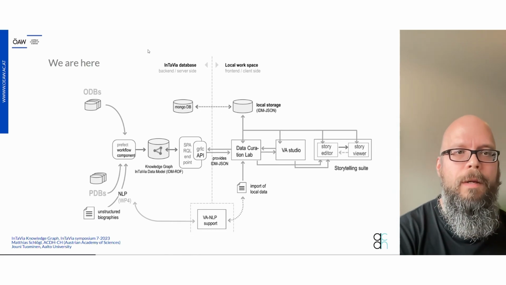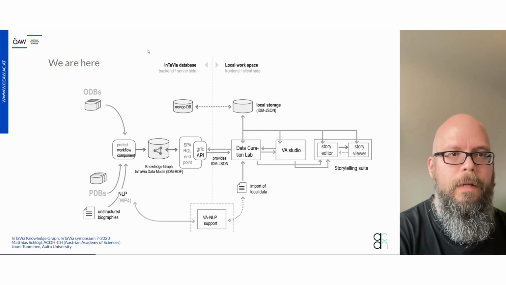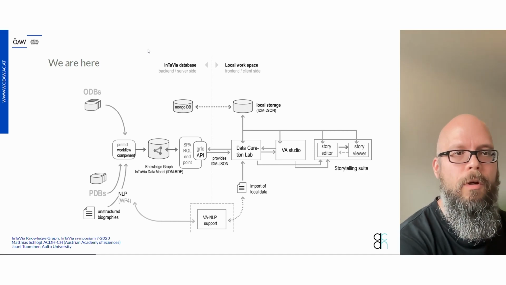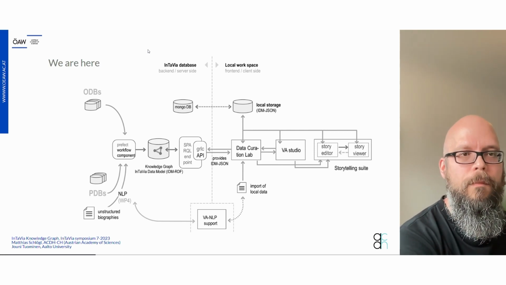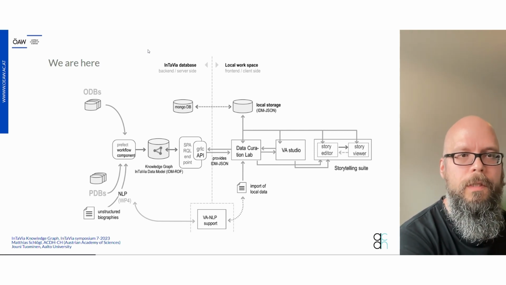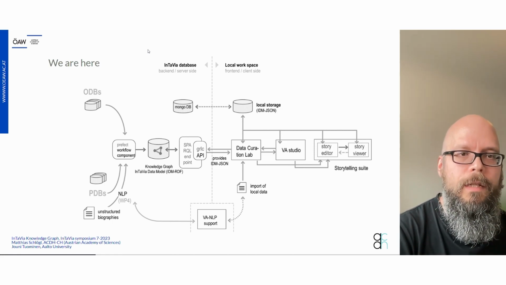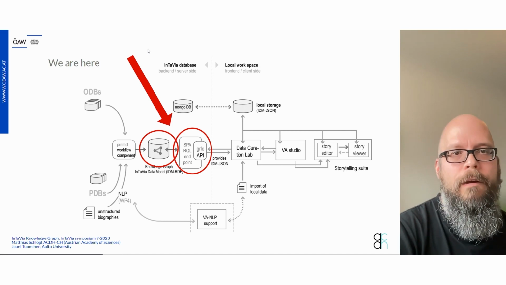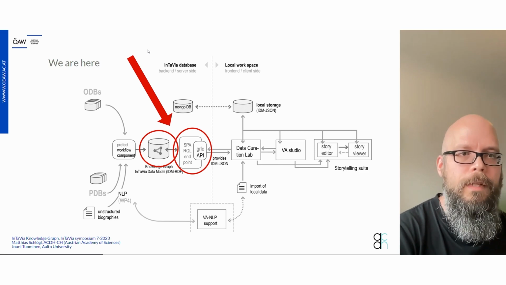If we have an in-depth look at the system architecture of the InTaVia platform, we are using Prefect as a workflow component, running these data processing programs as workflows, and they ingest the data into the knowledge graph. The knowledge graph itself is a triple store, which uses RDF for data modeling.